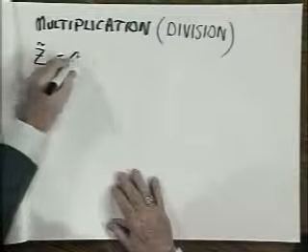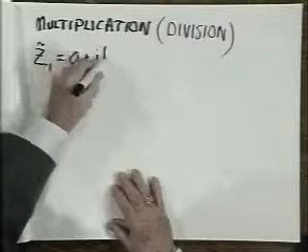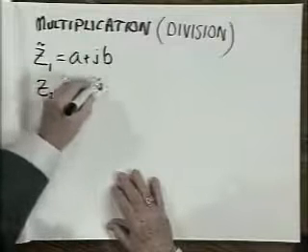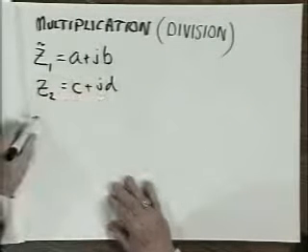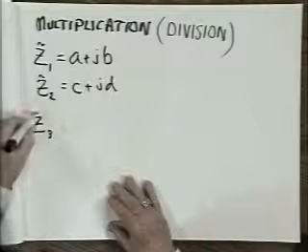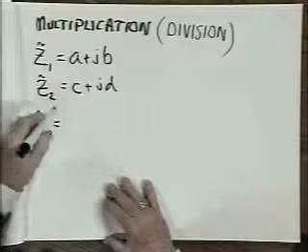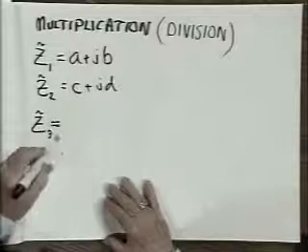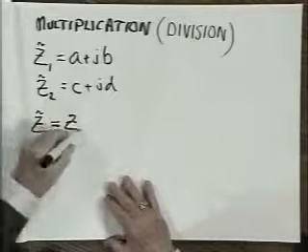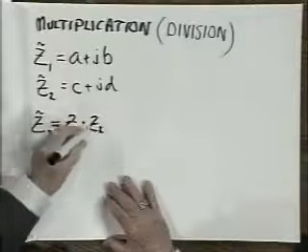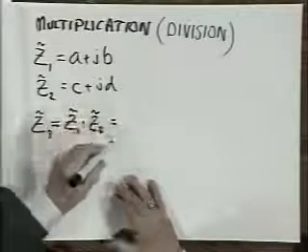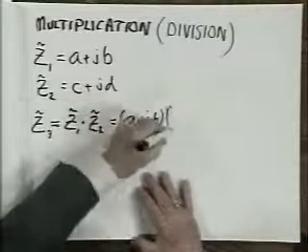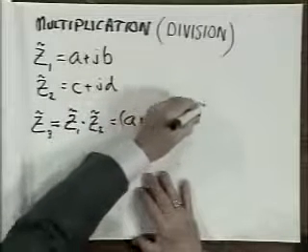If I take these two numbers again, z1 equals a plus jb, and z2 is equal to c plus jd, then the product z3, that is z1 multiplied by z2, is just writing it out, a plus jb times c plus jd.